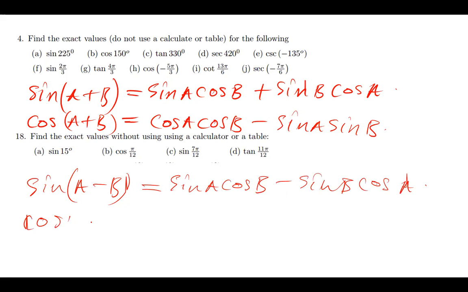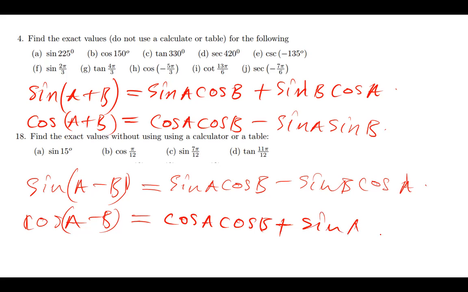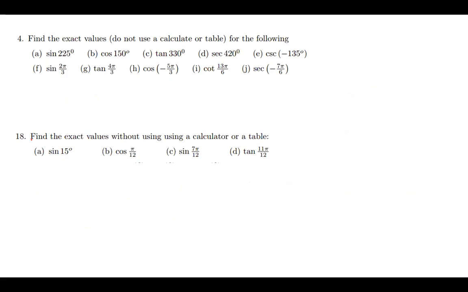Cos A minus B will be cos A cos B plus sine A sine B. So these are the equations that I forgot to put in the slide. They are very important. They are the ones that we're going to use to solve these questions here. So let us start. Hope you've copied them somewhere.